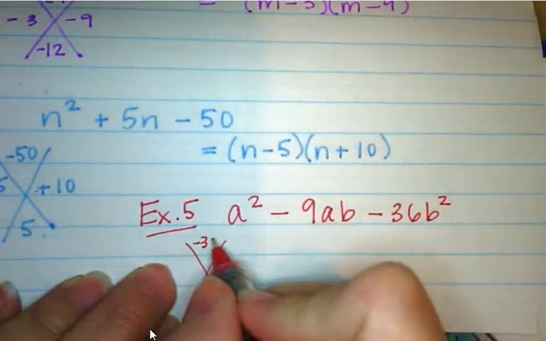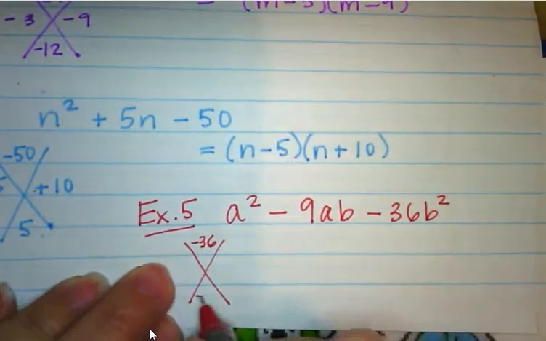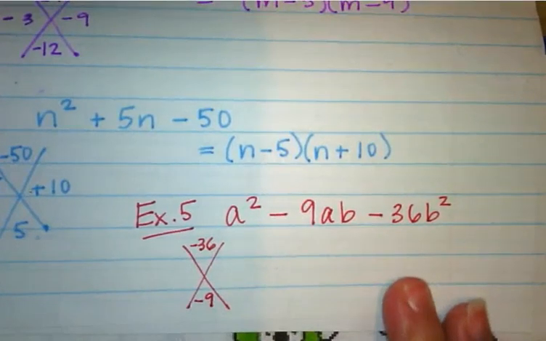Okay, so we want a negative 36 when we multiply and a negative 9 when we add them together.